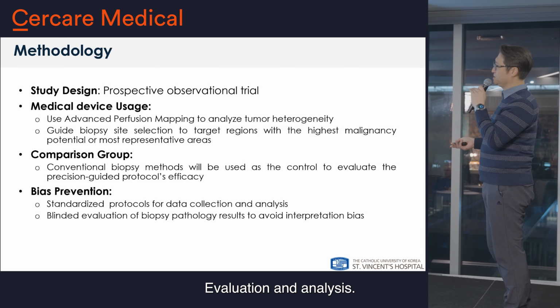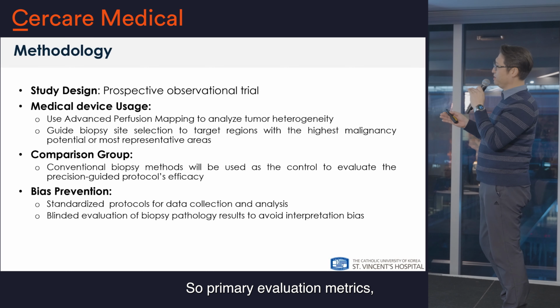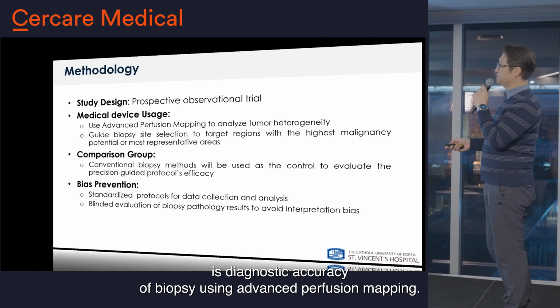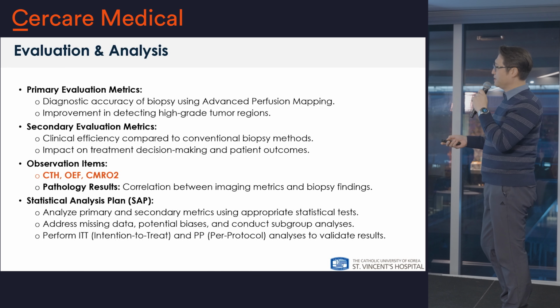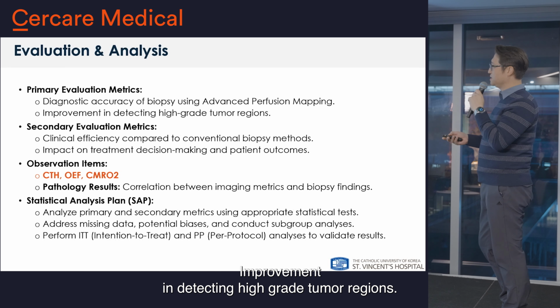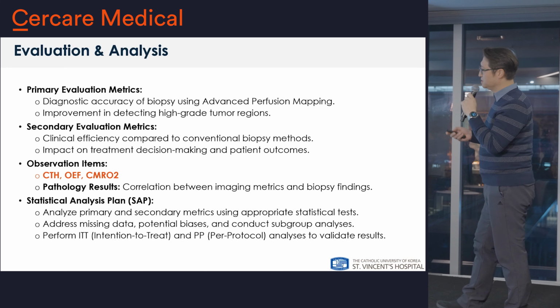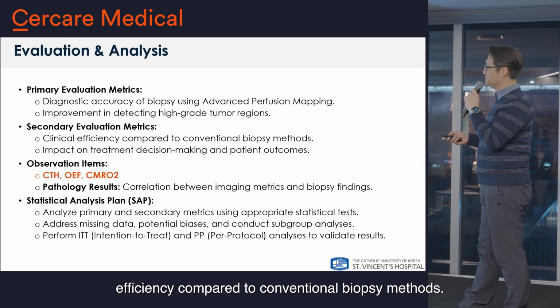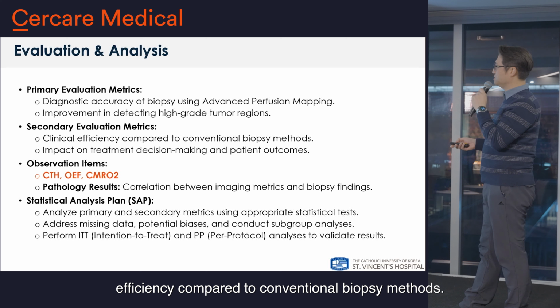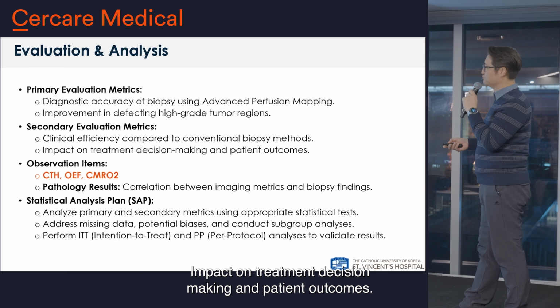Evaluation and analysis. The primary evaluation metrics are diagnostic accuracy of biopsy using advanced perfusion mapping and improvement in detecting high-grade tumor regions. Secondary evaluation metrics are clinical efficiency compared to conventional biopsy methods, and impact on treatment decision-making and patient outcomes.